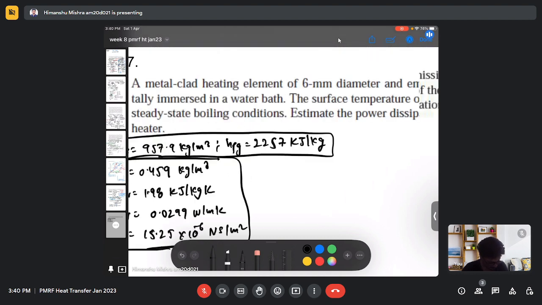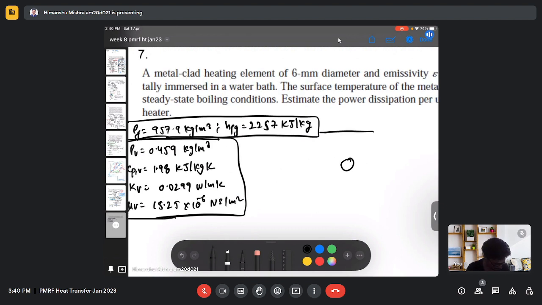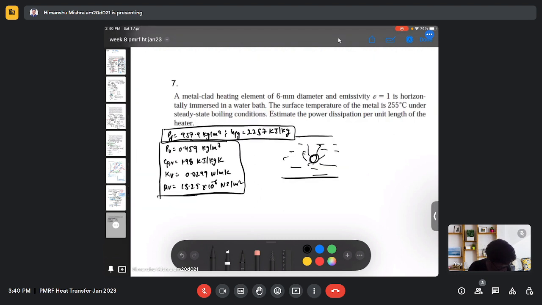Now I have given a metal clad here, which is a heating element, and there is a surrounding water. As the metal clad is heating, there will be boiling in the surrounding fluid, and we need to find the power dissipation per unit length under steady state boiling condition.